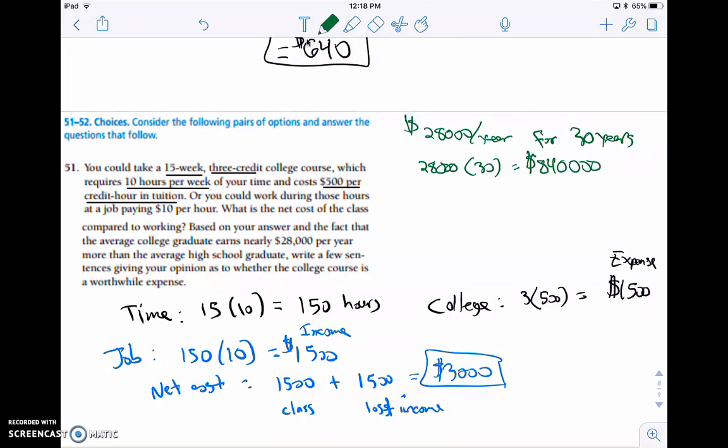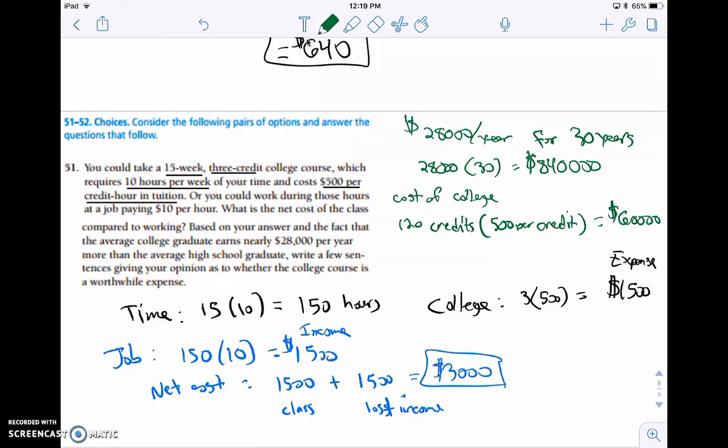And if we look at the cost of college, degrees are about 120 credits. So if we take 120 credits, times $500 per credit, we're going to be looking at a cost here of about $60,000.